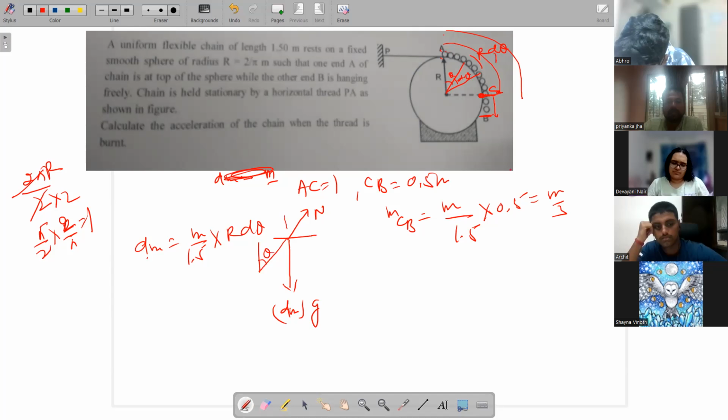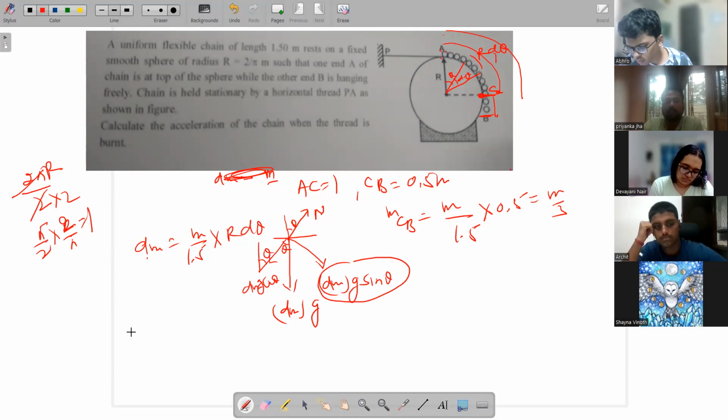So there will be two components of dmg: dmg sine theta and dmg cos theta. So dmg cos theta and N will be balanced, and this will give you the total force. That is how you have to find the force.